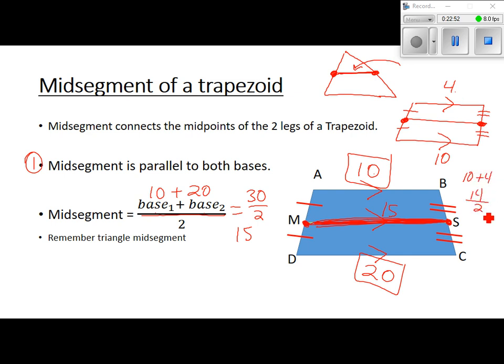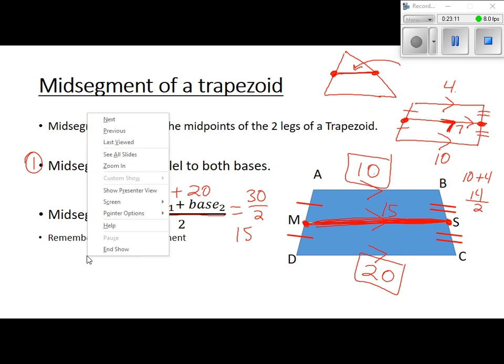You divide that by 2, and that's 7. This mid-segment right here has to have a length of 7. And it still has to be parallel to the two bases. So that's the mid-segment of a trapezoid.